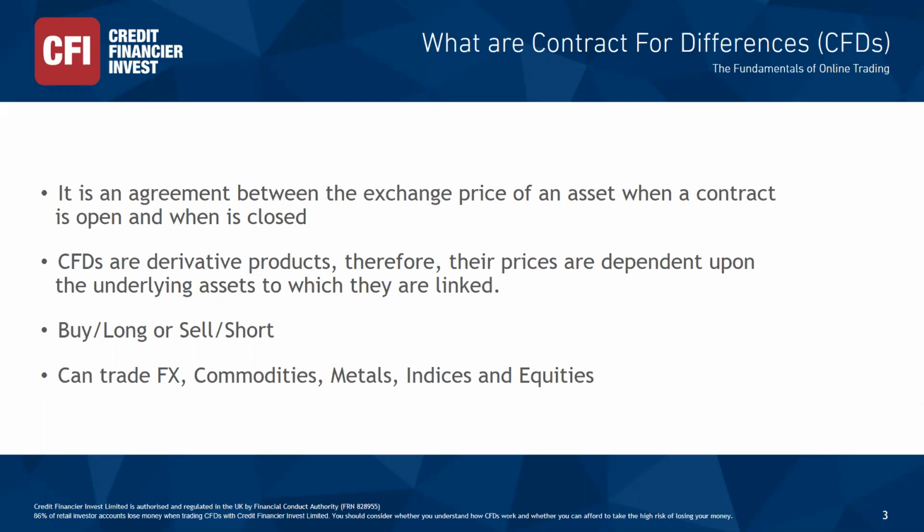Also, CFDs are derivative products. As you probably guessed, their prices depend on the underlying assets to which they're linked, so in this case, gold. In my previous example, as well, you can trade not just metals, but also commodities, indices, equities, and Forex with CFDs.